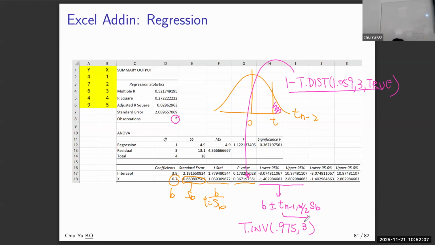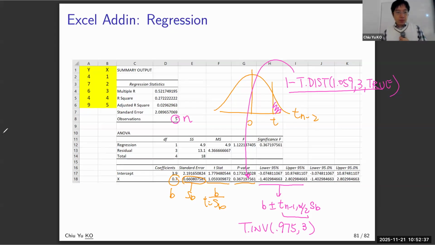If you estimate more, say 5 variables, then you use n minus 5. If you estimate 6, then n minus 6. But in our class, it's always n minus 2. Okay, n is here in case you don't see the data.